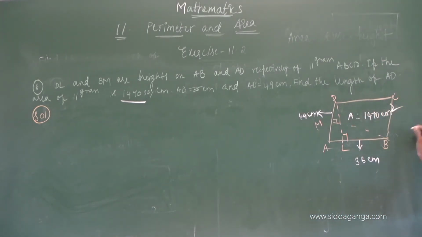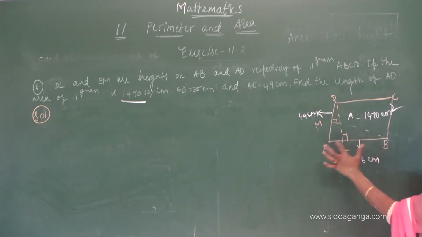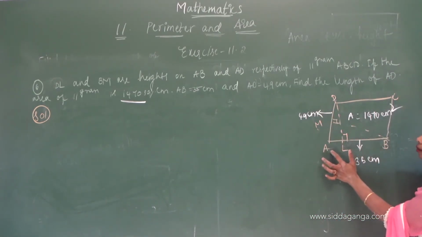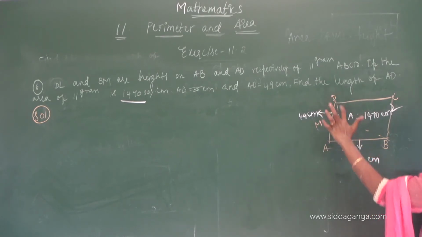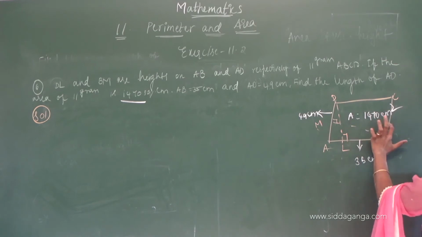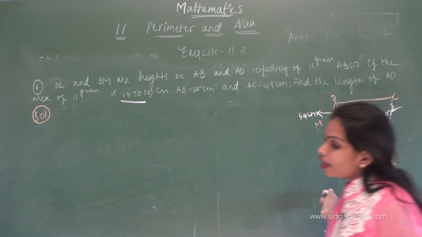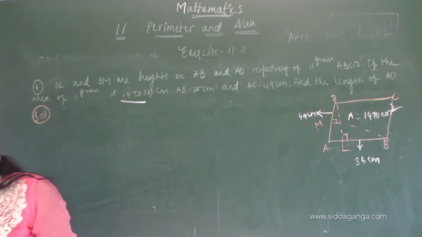Find the length of BM and DL. Just they are giving the bases, the different sides of a parallelogram. This one is DA and this one is AB, and area also they are giving. Just we have to find the respective heights of the parallelogram.